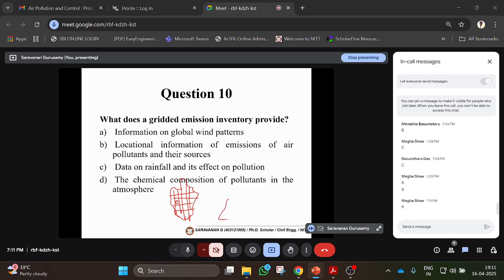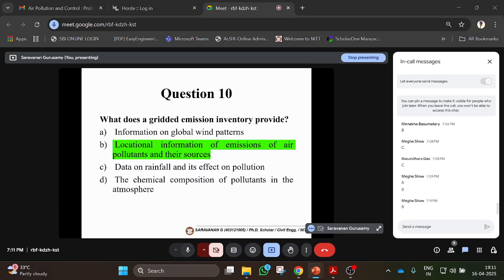If you take Tamil Nadu alone, I can split it into different grids, and each grid will be 1 kilometer by 1 kilometer. That will have a color coding. Like that, with the color coding, it will have location information, also the emission of air pollutants and their sources. All that will be in the gridded emission data inventory.